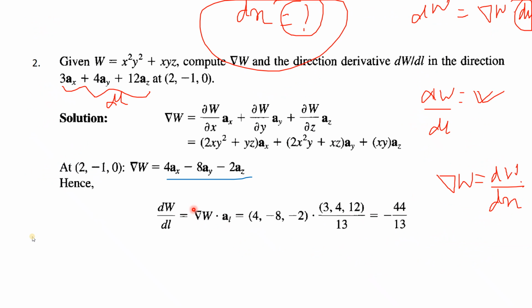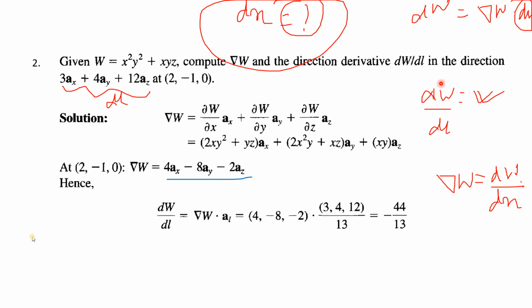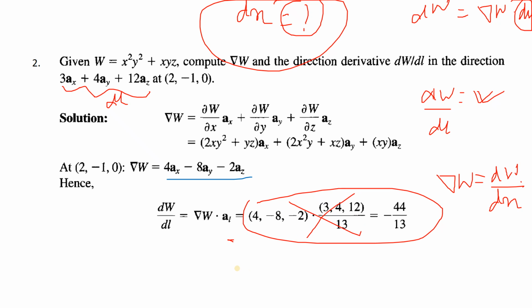Okay, so we will multiply with the unit vector, so that is why it is written over here delta w dot unit vector. So it will become a scalar, so I want to know only the value of dw by dl, the scalar value. This term is known to you because it is written in this way, so it is not to be confused.